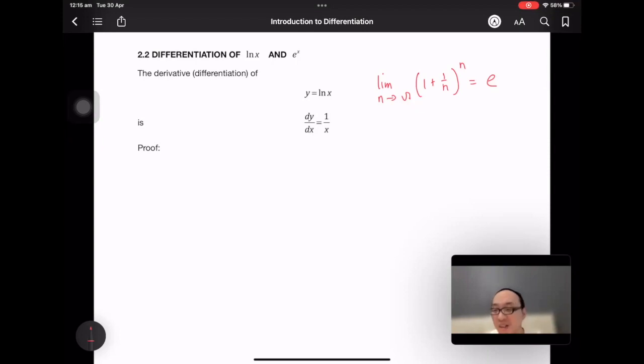This e comes from the expansion of the term 1 plus 1 over n when n goes to infinity. If we expand this expression, it leads us to a number 2.71 something, and we call it the natural number.